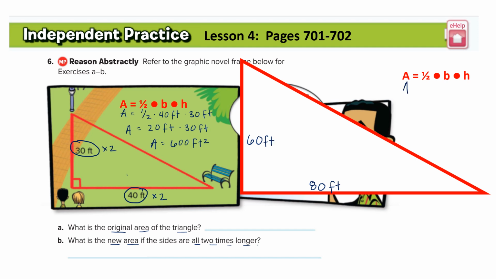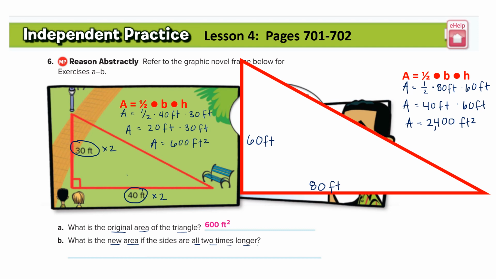So area equals 1/2 times 80 feet times 60 feet. Area equals 40 feet times 60 feet. Area equals 2,400 feet squared.